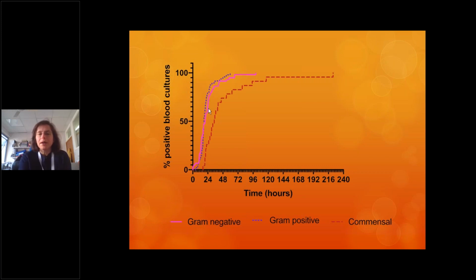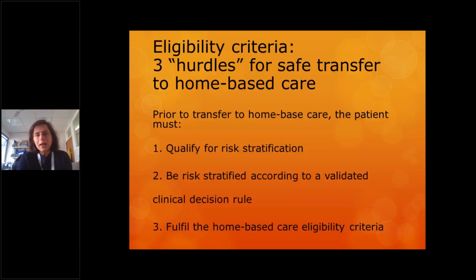So if you apply your prediction rule at 24 hours, it is a lot more sensitive in identifying patients who are going to have a bacteremia and require IV treatment and more prolonged hospitalization, compared to applying your prediction rule on day 0 at presentation, when you have very limited information on your patient. So they used this risk stratification rule to identify patients who could safely be transferred to home-based care.